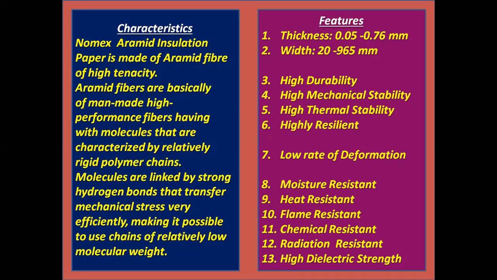Characteristics and features. Characteristics of Nomex Aramid insulation paper: it is made of aramid fiber of high tenacity. Aramid fibers are basically man-made high-performance fibers having molecules that are characterized by relatively rigid polymer chains.